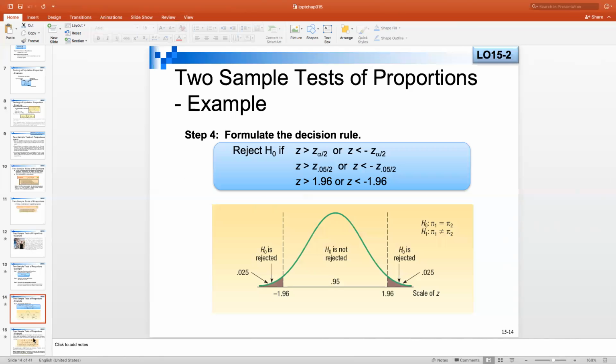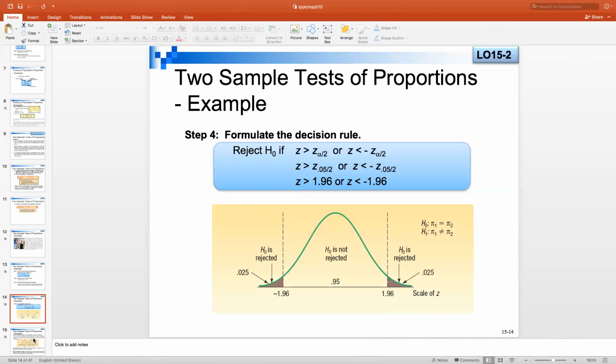Was it negative 2 point something? No, our computed was. But what did we see right here? What's our critical Z? 1.96. Negative 1.96. Right. Our critical Z is negative 1.96 and 1.96.